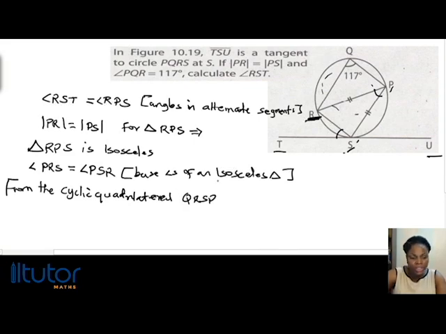A cyclic quadrilateral is a four-sided plane figure that has its four corners on the circumference of the circle.